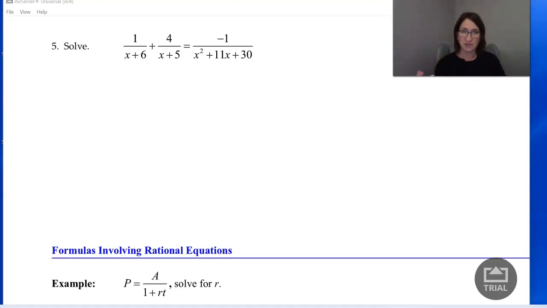So first thing we do is we take the quadratic in this third denominator and we factor it. So that's going to be x plus 5, x plus 6. Our least common denominator is going to be x plus 5, x plus 6.